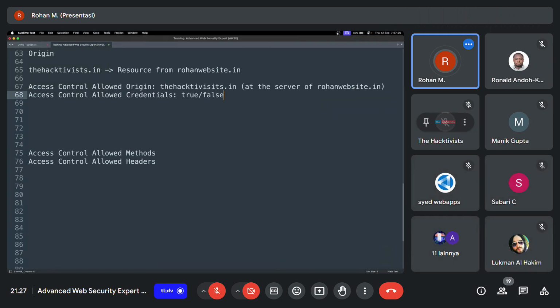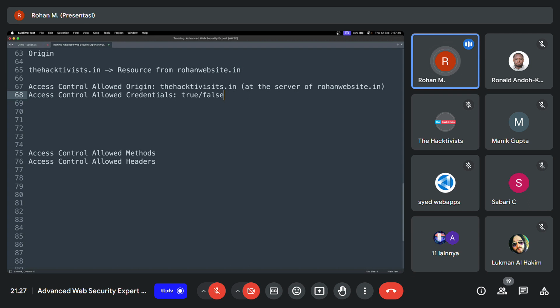It means that when access control allowed credentials is set to true, in that situation, the requesting origin, in our situation the hacktivist.in, will be able to also read the session tokens like user session key and JWT.